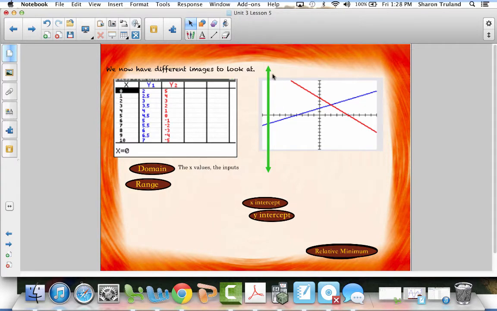Is there ever a number that cannot get put into these equations? So in other words, here is the x value, 1, 2, 3, 4, 5, negative 6.